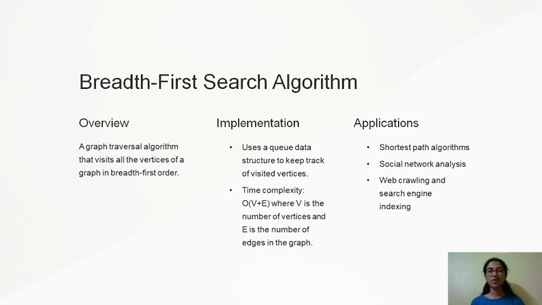The time complexity is of order V plus E, where V is the number of vertices and E is the number of edges in a graph. The main applications are shortest path algorithms, social network analysis, web crawling, and search engine indexing.